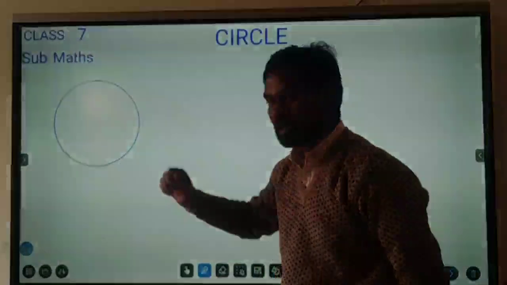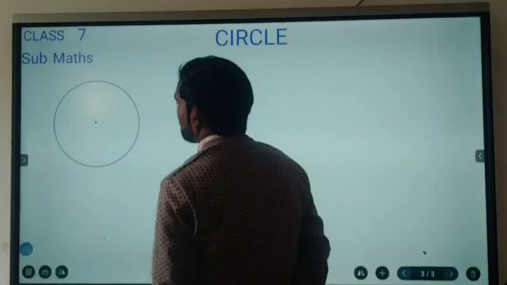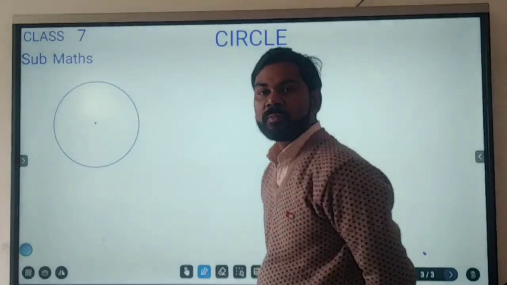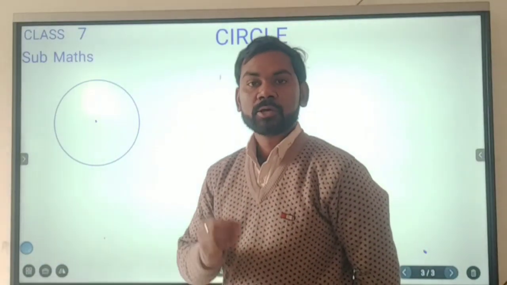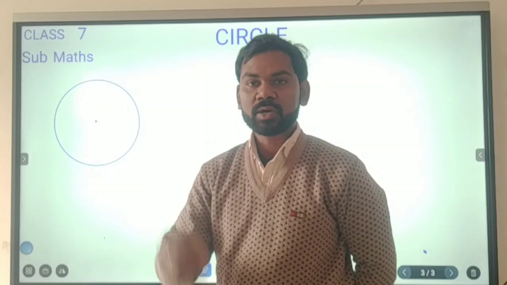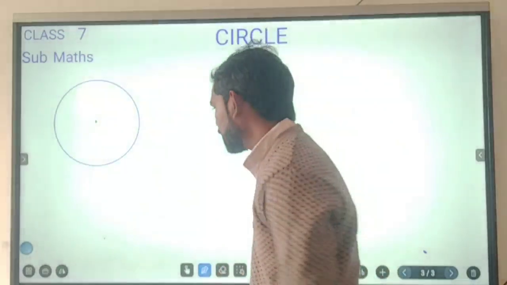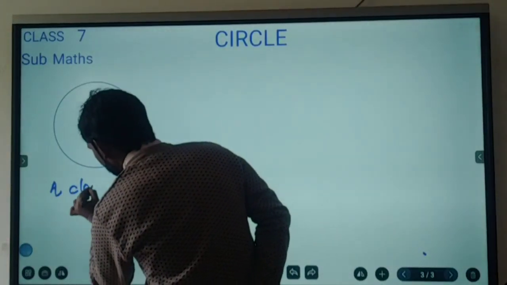Suppose this curve is formed by a number of points which are at equal distance from this fixed point.